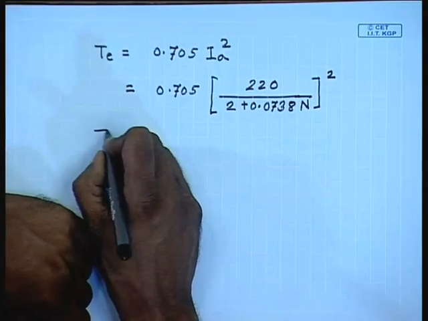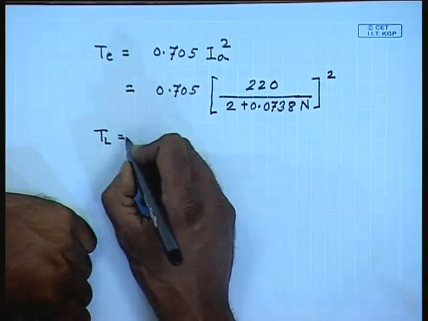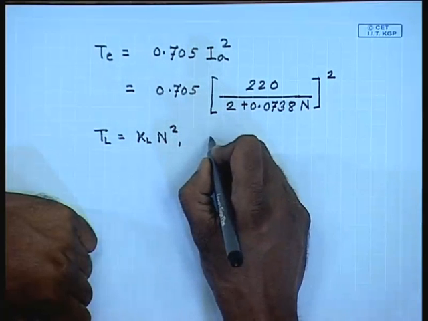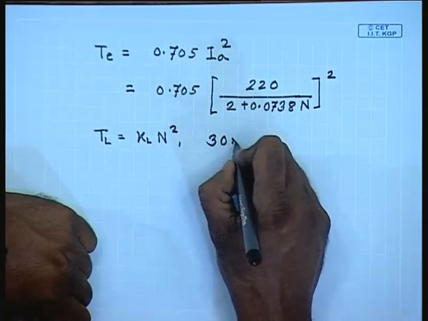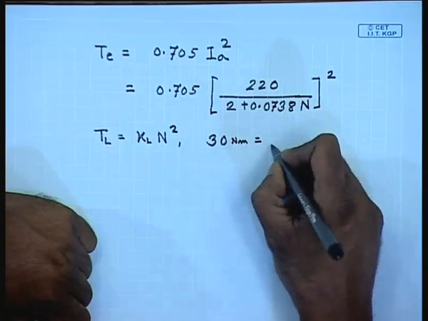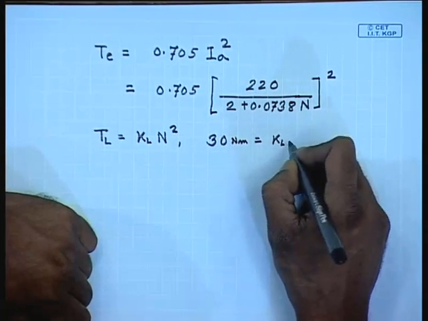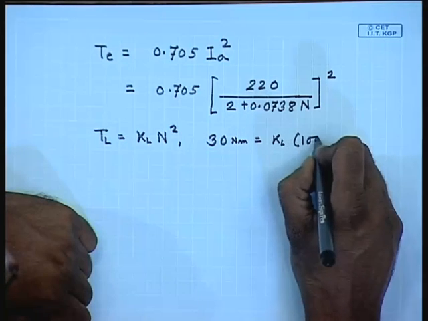Also the load torque equals some KL into n square, where we have given 30 Newton meter equal to KL into 1000 square.